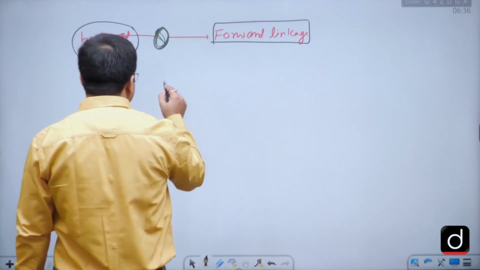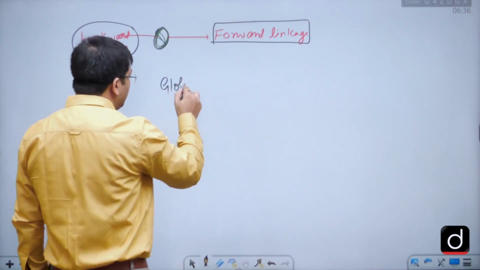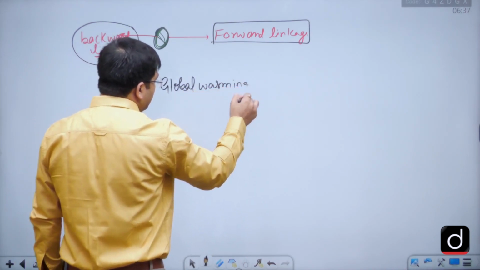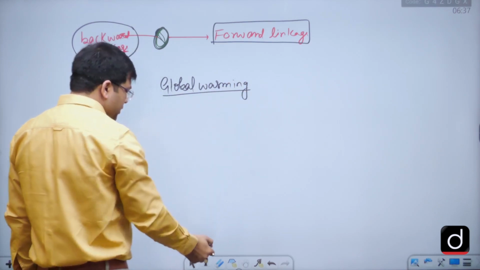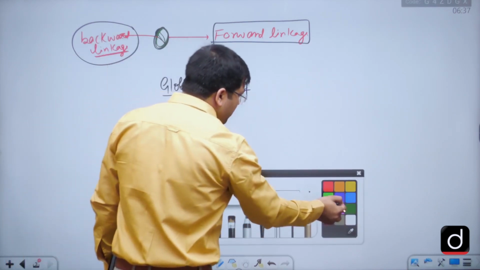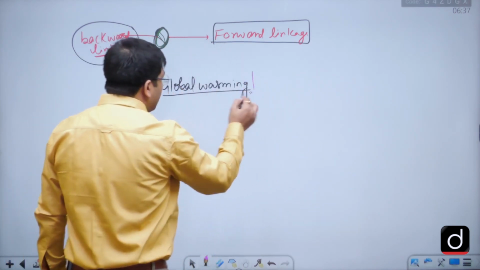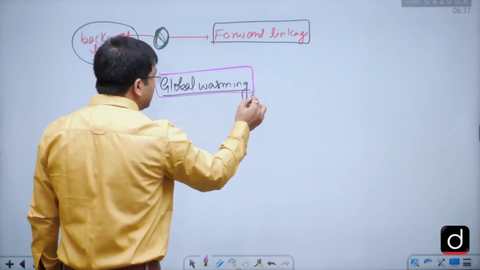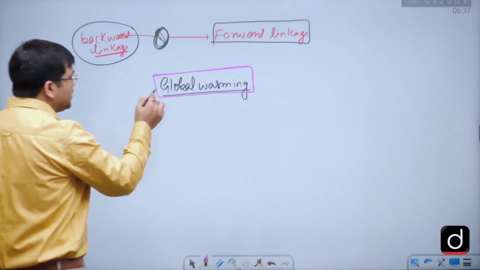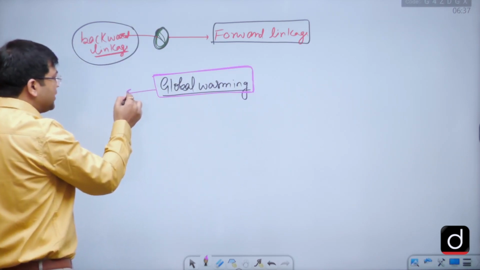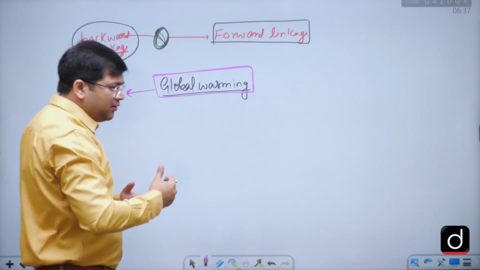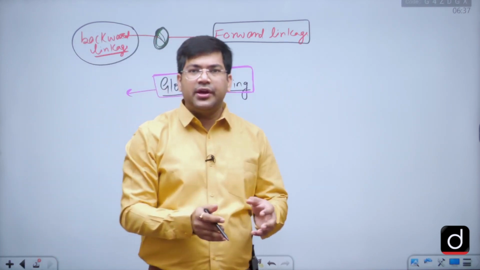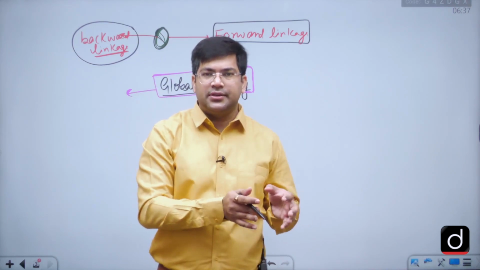Right. Suppose we are talking about global warming. If you are asked to write an answer about global warming, then backward linkage will mean the introduction of global warming, from where this talk started, right?